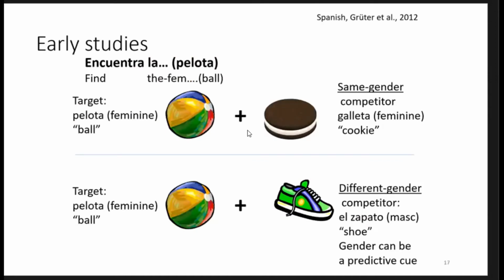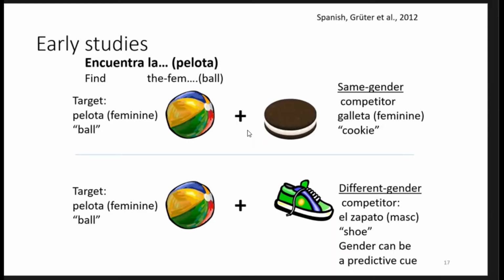And indeed, early studies showed that L2 speakers did not predict, or at least not that much. This is a study by my collaborator, Theres Grüter, done on Spanish. Spanish has a two-gender system. In these typical paradigms, you present people with two objects, and these objects can either have the same gender, as in the upper row.